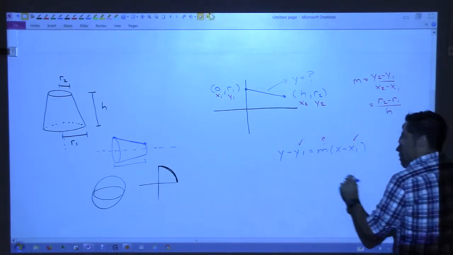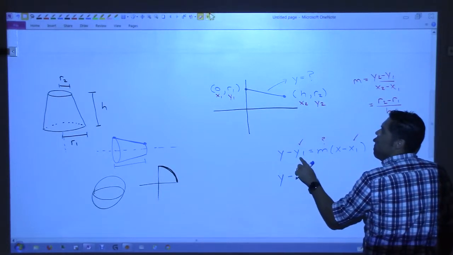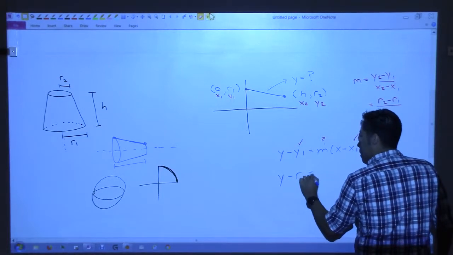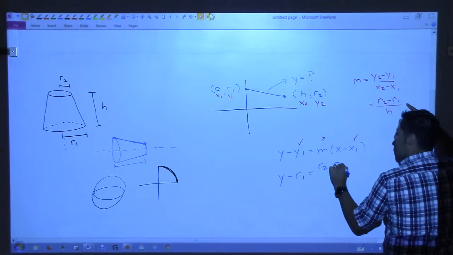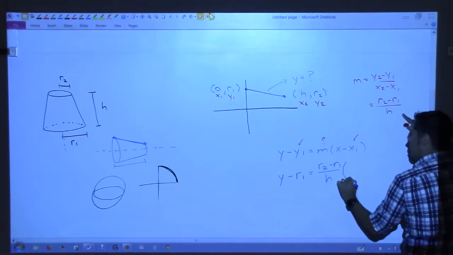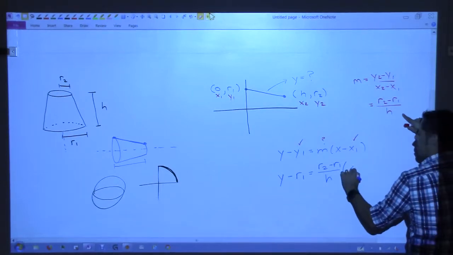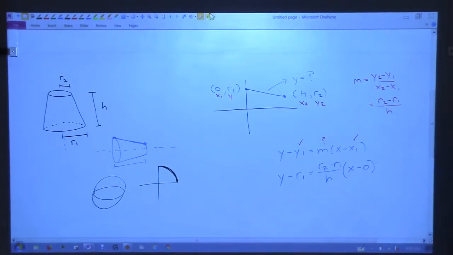So I come here and I say y minus what was y1? r1 equals m, which is this. It's ugly, but, you know, it's life sometimes. Okay, h, and then x minus x1, which is 0.